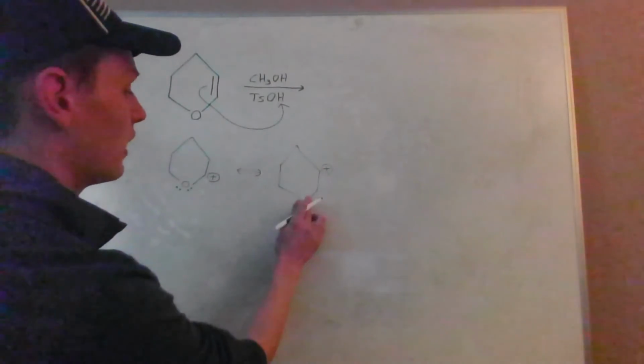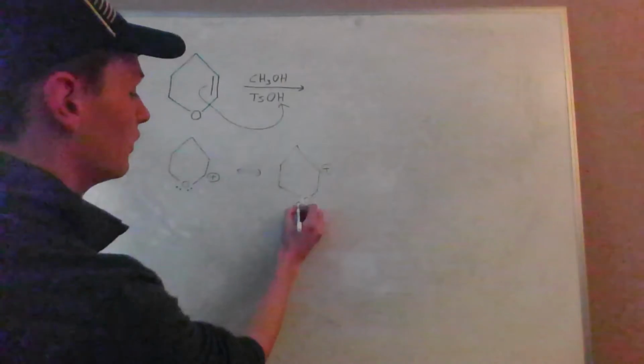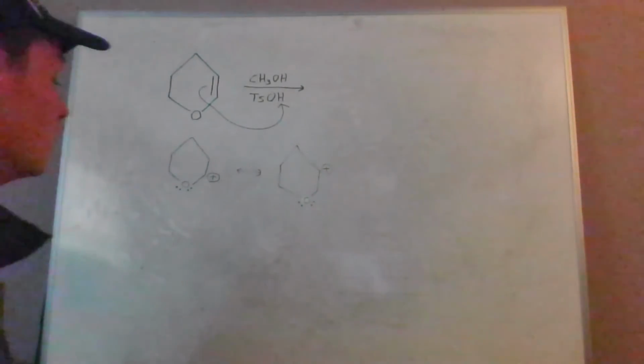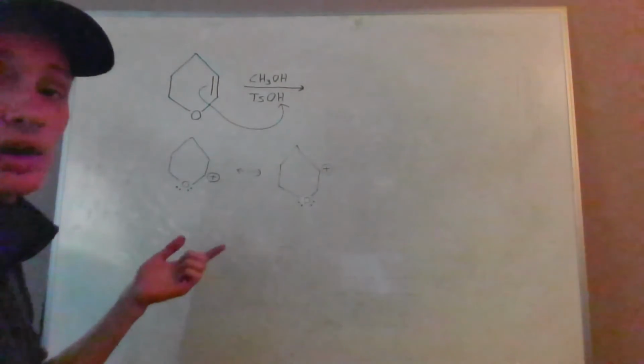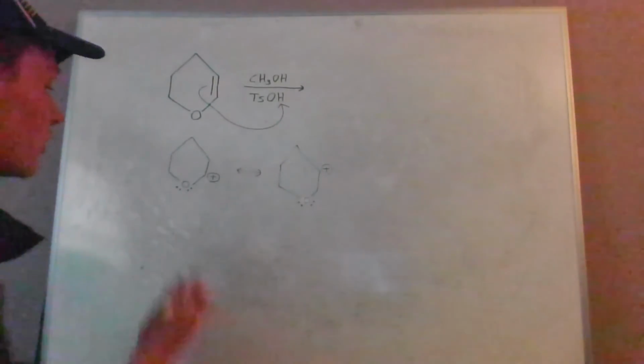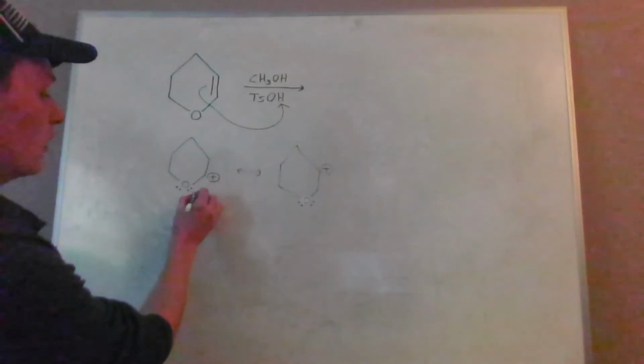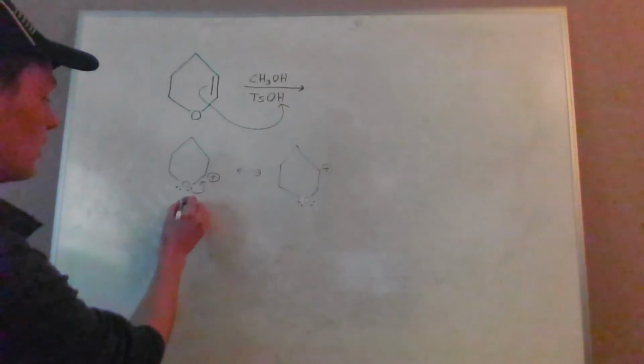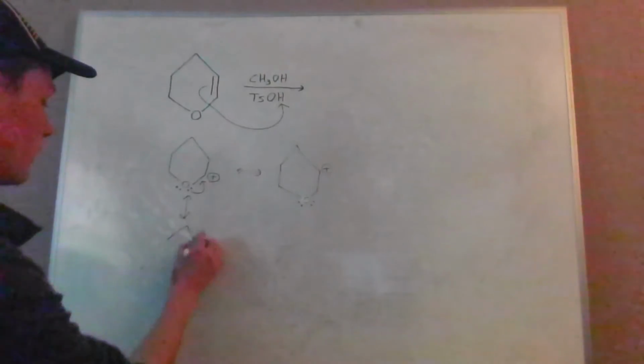Okay? And let me show you why that is. This is a real blast from the past, as I always say, because this is going to be a resonance structure, right? We have a lone pair of electrons here that can form another double bond, and then the positive charge could be on our oxygen atom, where we would get this.